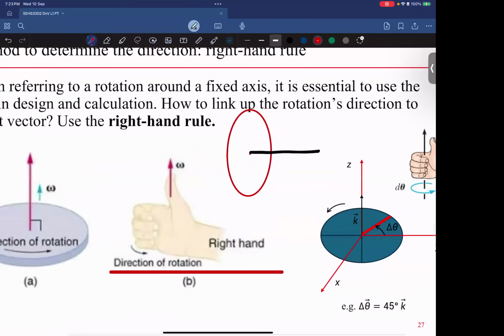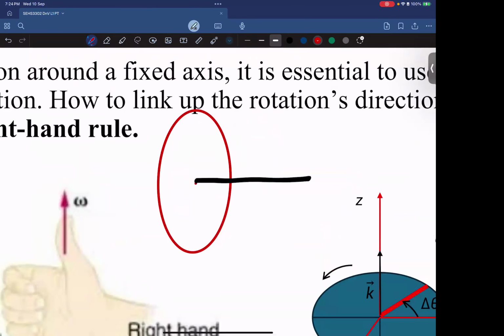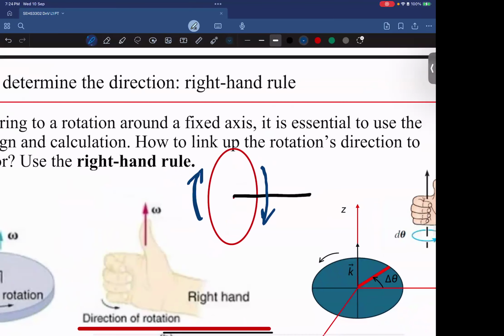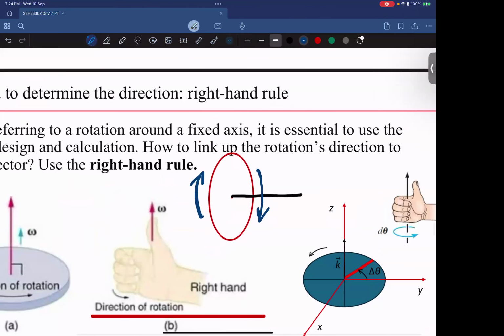For example, take this wheel with this direction. The edge near to us moves up, and the far edge moves downward. Can you try to indicate this arrow, on the left or right?